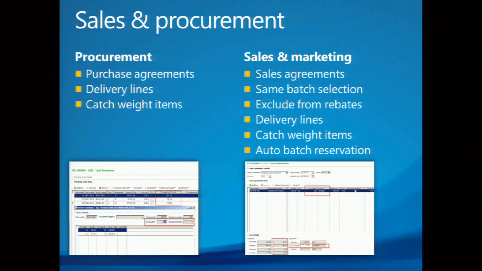All the sales orders created from that agreement will have that flag turned on, and when you do the shipment, it will follow the same batch selection functionality that it used to in the previous versions. The last point here is the auto batch reservation, which is also available on the sales agreement. If you check that on the sales agreement, then it gets on the sales orders as well.